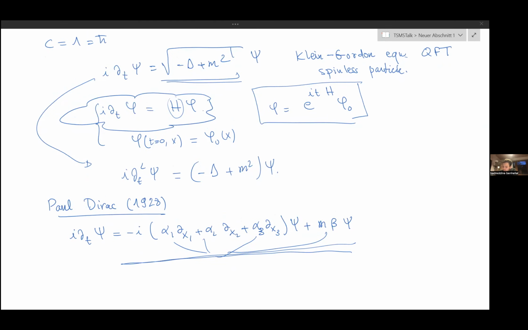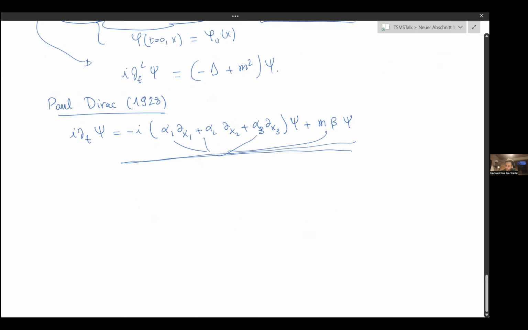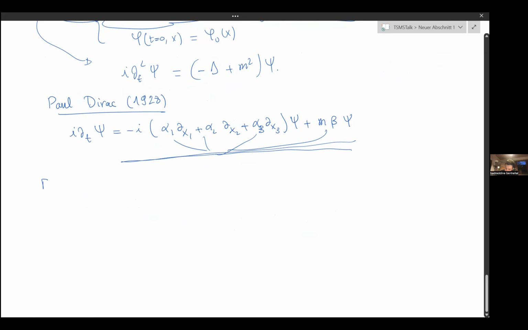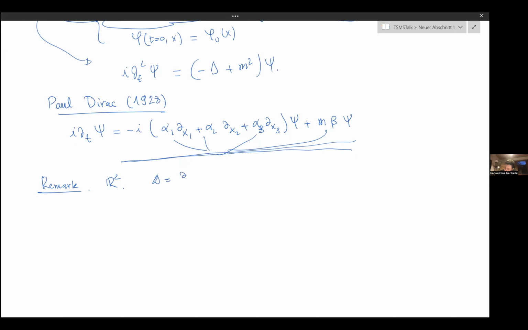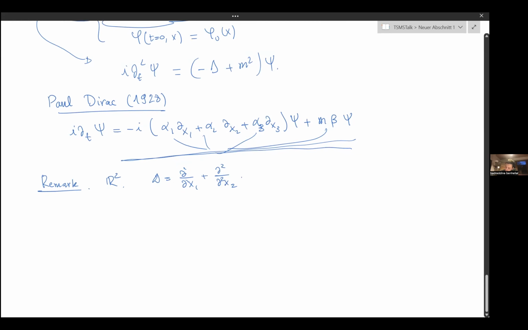Now, just let's give some example, or just a remark. So imagine you are in R2. How can you factorize the Laplacian? So minus, let's say, Laplacian, d x1 squared plus d x2 squared.